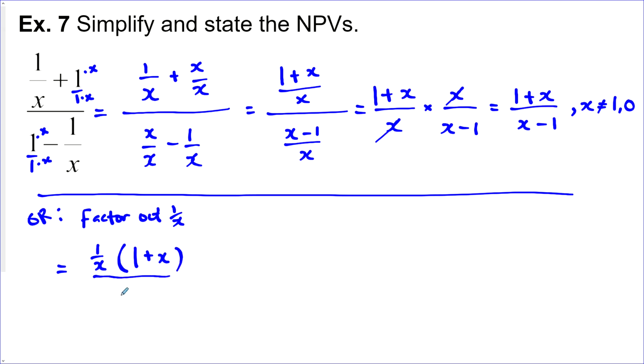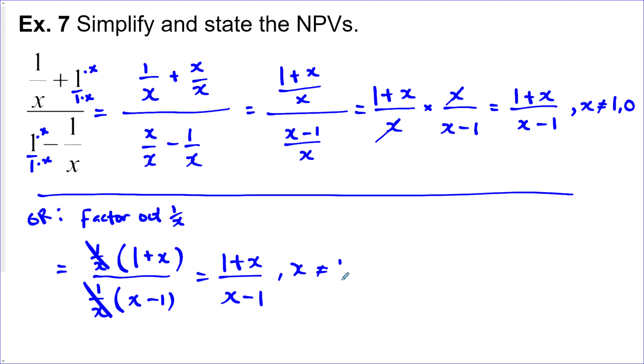In the denominator, I factor out a 1 over x, and I get x minus 1. I get my non-permissible values of 0 and 1 here, and then I have a common factor I can cancel, and I'm left with the same answer we got above, but perhaps a bit quicker.